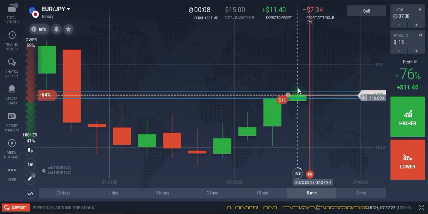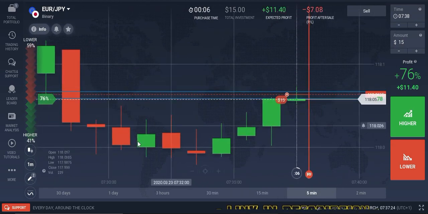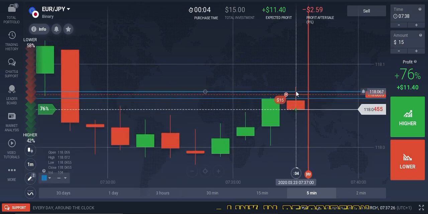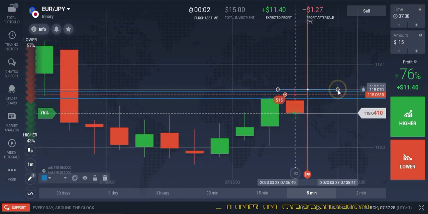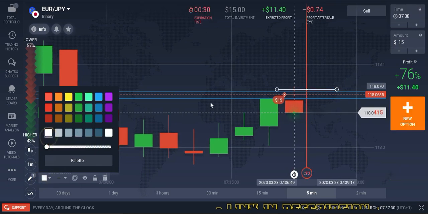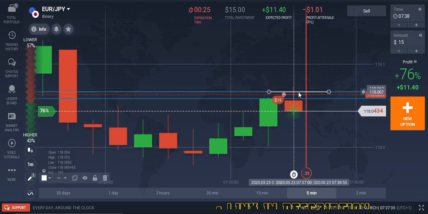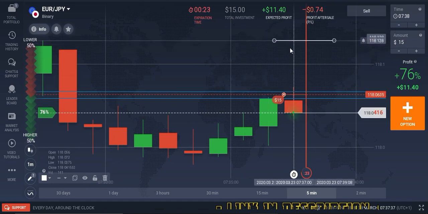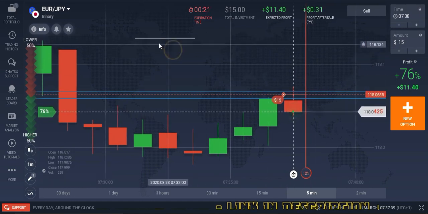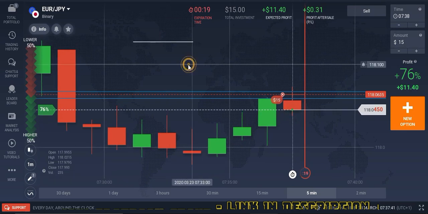So the good entry will be on the highest point on this level. It's the best entry here, can be done here. I will use this as the best entry trade.